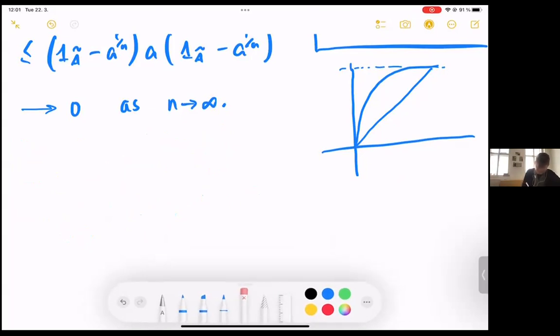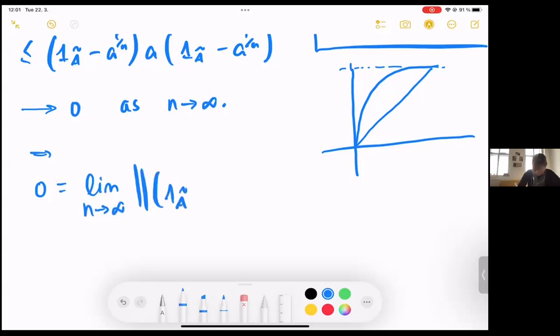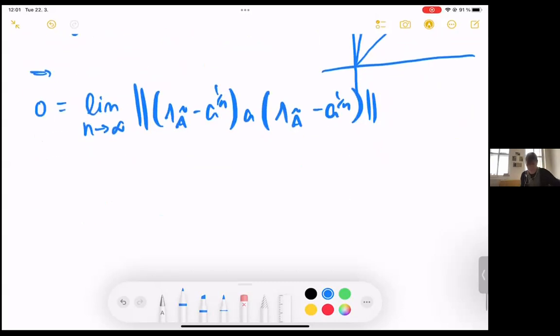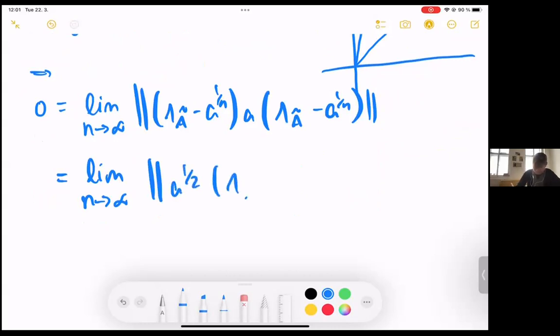So this here implies that, which is the same as, this should be a B, sorry.